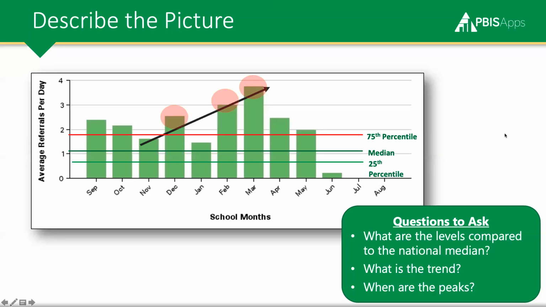When I was serving as the PBIS coordinator in my district, we had 15 schools and we were SWIS schools. I met quarterly with the superintendent, who was very on board with PBIS and wanted to see this data from all the schools. So he had a PBIS SWIS binder with all the schools.